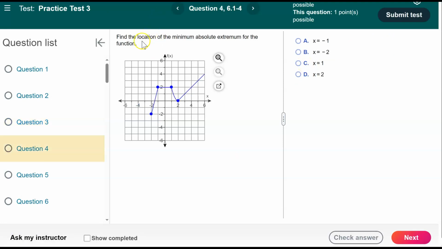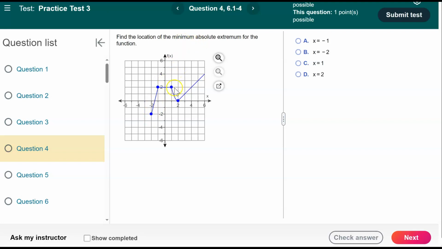Now for this question, you are asked to find the location of the minimum absolute extremum. That means the least value of the function, the minimum absolute. Absolute means the least of all, in this case, because that's the minimum, so it's the smallest value of the function.